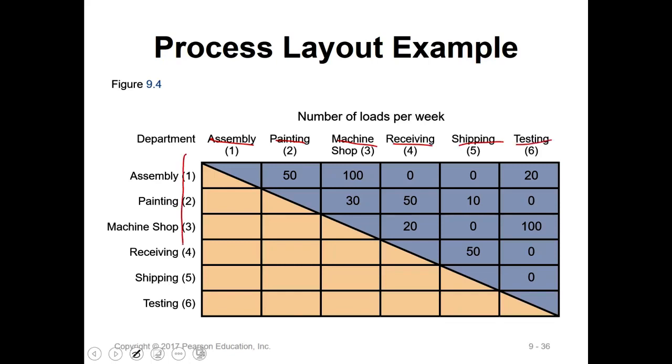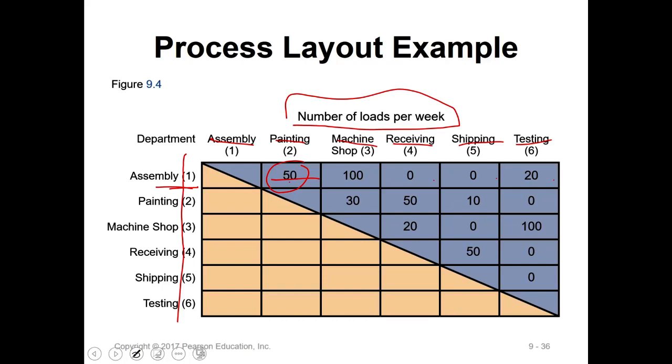Here you have the same as the columns. The from-to, so from assembly to printing, this is from 1 to 2, to 3, to 4, to 5 and to 6. The number of loads per week provides you the data, the parts you need to move from assembly department to printing department. Each week you need to move 50 items.